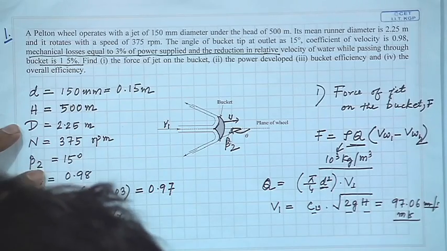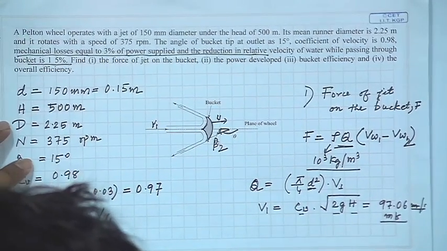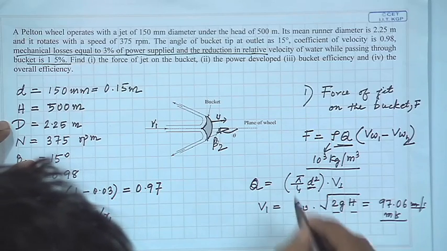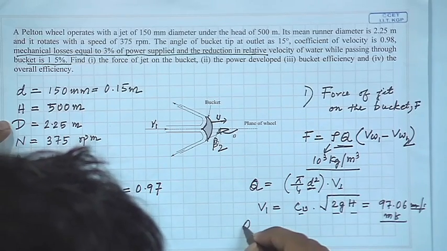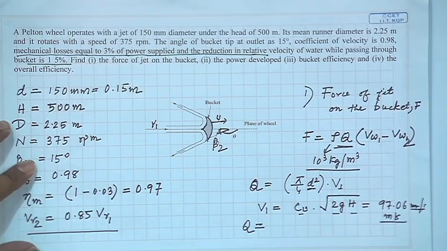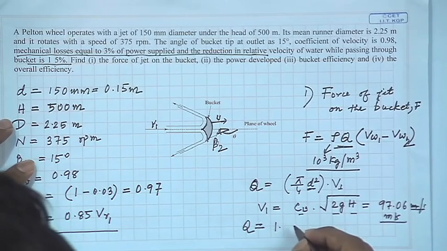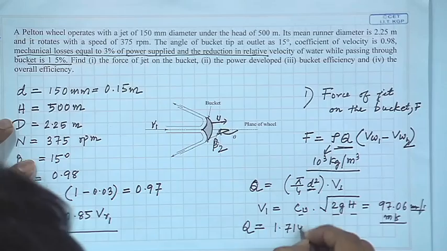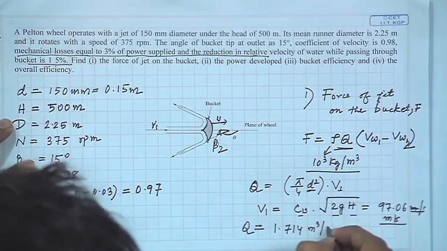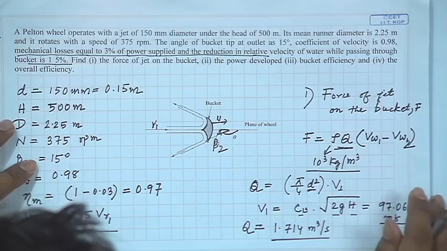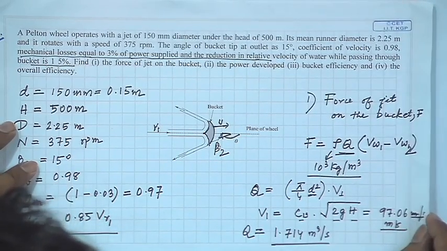Substituting the value of V into the above expression, we find out the value of Q, which comes out as 1.714 meter cube per second. Next, we have to find out the tangential velocity at the inlet and the outlet.